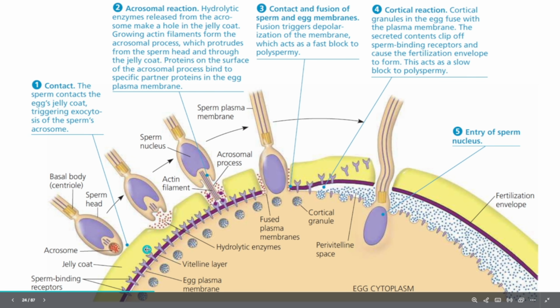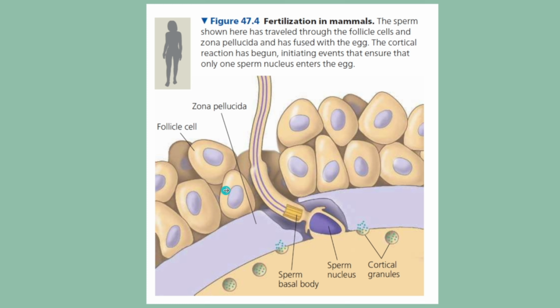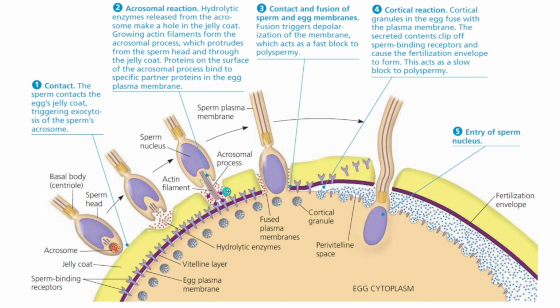You can imagine that this jelly coat is the zona pellucida. Before they digest it, they will bind to the receptor first on the surface of the zona pellucida and trigger the acrosomal reaction. So it will release the enzyme to digest the zona pellucida, so that the sperm nucleus is able to penetrate into the secondary oocyte.